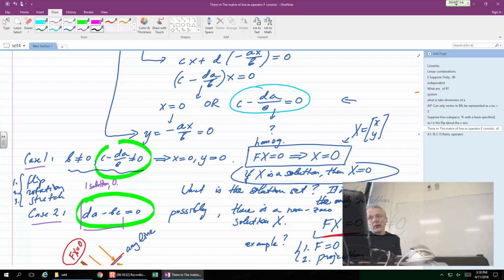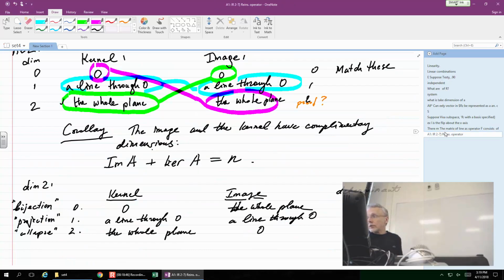When it is not equal to 0, we have those three types of transformation: flip, rotation, and stretch. Those are bijections. So there is no projection or collapse, and that's the meaning of the determinant: the determinant of A is not equal to 0. If the determinant is equal to 0, we cannot distinguish between the cases other than the very first, nice one. Then you know that we are in that category.